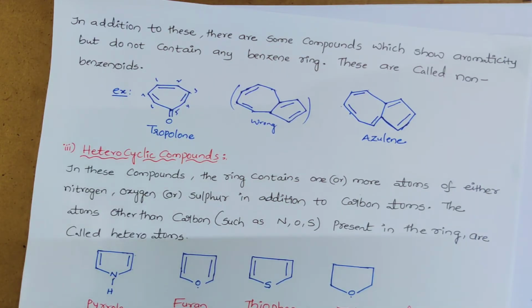So these cyclic compounds are further classified into two types: homocyclic and heterocyclic. Homocyclic compound means the cyclic ring is made up of only carbon atoms. Heterocyclic means the compounds are made up of carbon as well as some heteroatom is present in the cyclic ring.